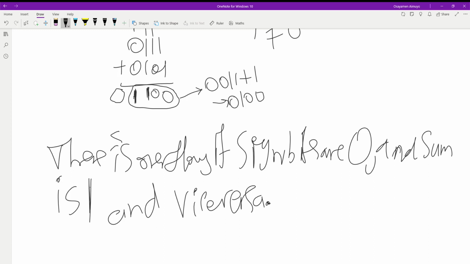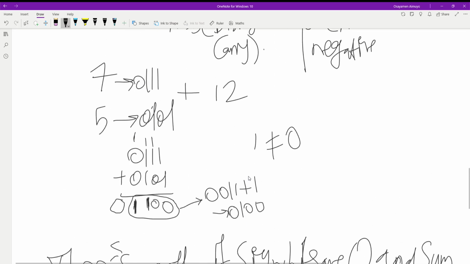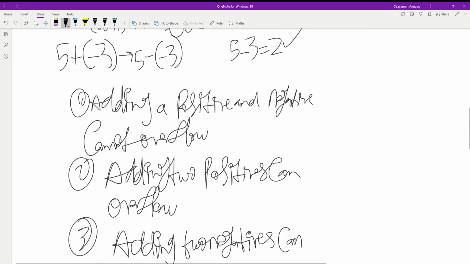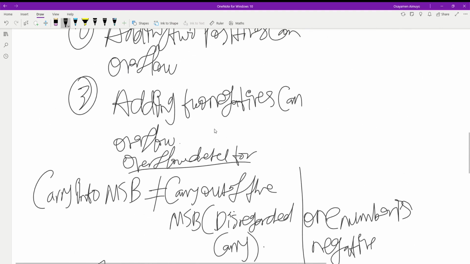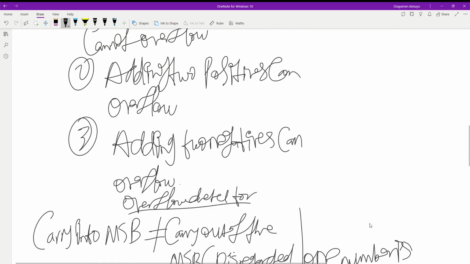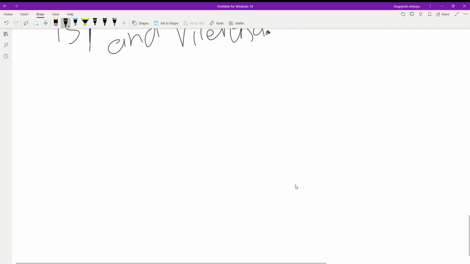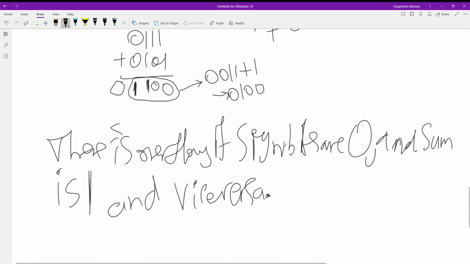So yeah, you might think, oh, what if the sign bits are 0 and 1? Oh, remember what I said earlier? Adding a positive and negative cannot overflow. So if sign bits are 0 and sum is 1, or if sign bits are 1 and sum is 0, yeah, you do have overflow.